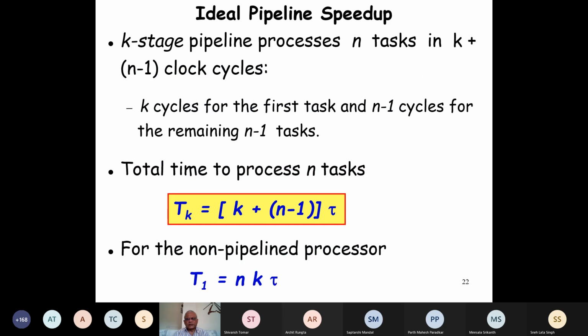Very nice. So a k-stage pipeline, let's say we have n instructions. Now how many cycles are needed? The first instruction takes k units of time to fill up the pipeline.